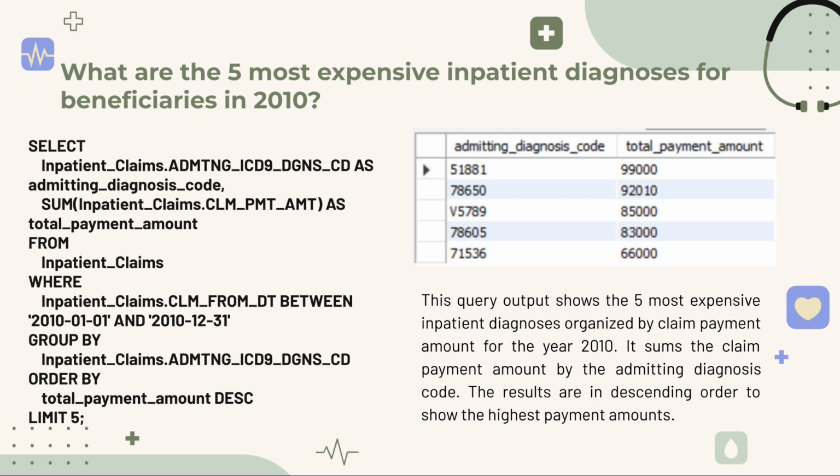The data was looking only within the year of 2010 and was grouped by diagnosis code, which is necessary to calculate the total payment for each distinct condition. The order in which the data is presented shows the highest costs that appear first.